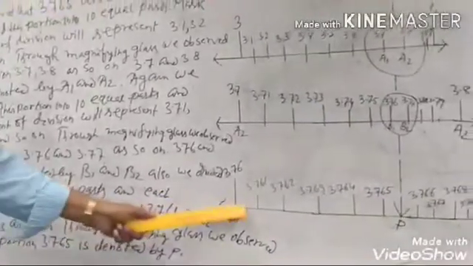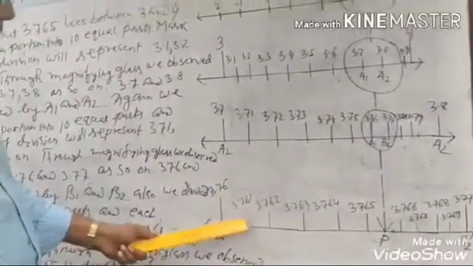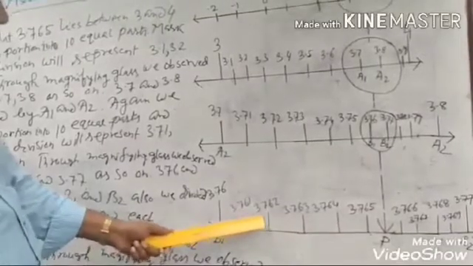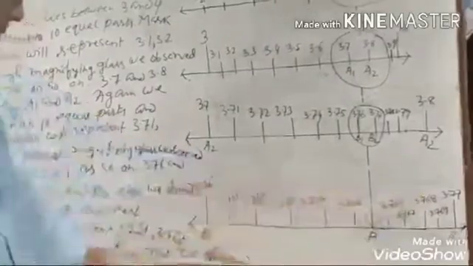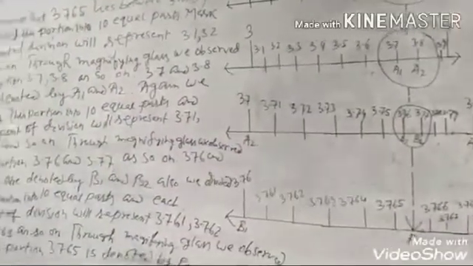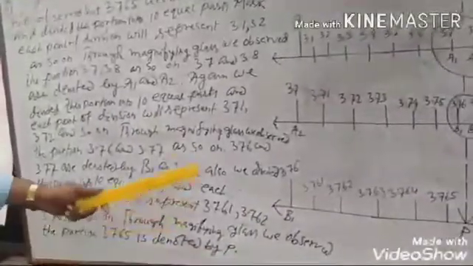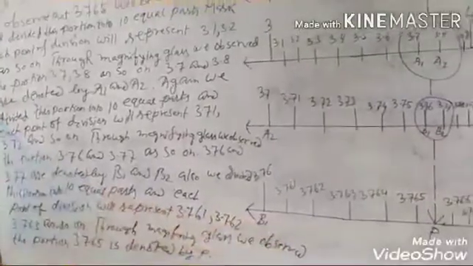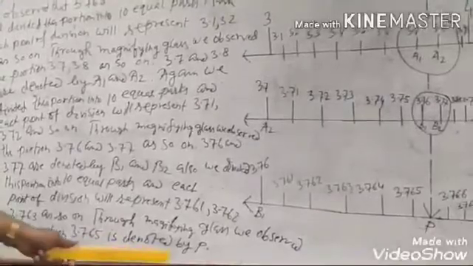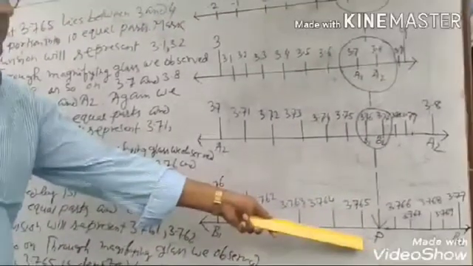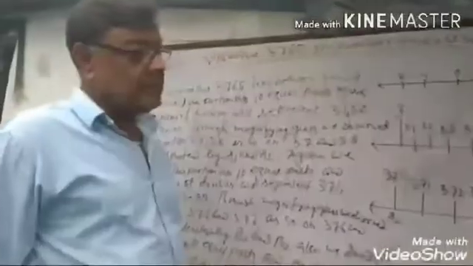Now comes 3.761, 3.762 and so on. Through magnifying glass we observe the portion 3.765 is denoted by P. Okay, that's all.